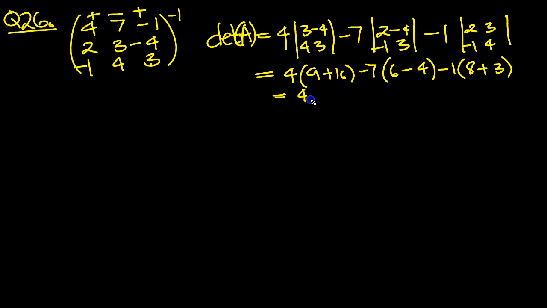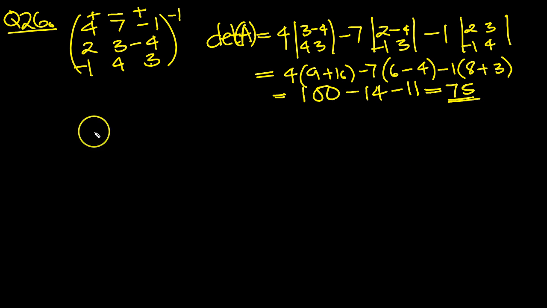So we get 4 times 25, which is 100. So that's 100. Minus 7 times 2 is minus 14. And then you've got 11 minus 11. So it's 100, take 14, take 11, which is 25. So you end up with 75.